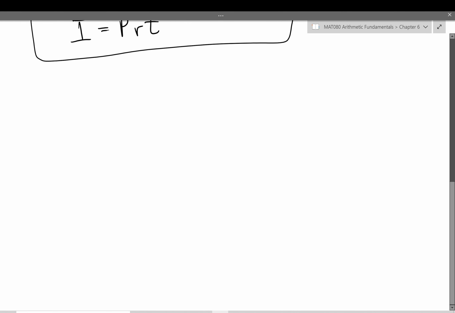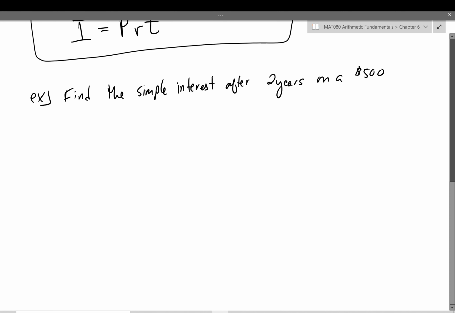The first one here is, let us find the simple interest after 2 years on a $500 loan at an interest rate of 12%.